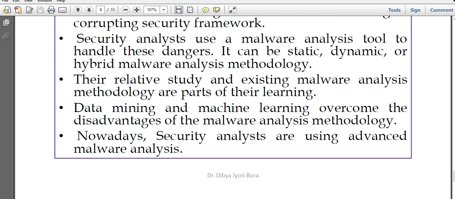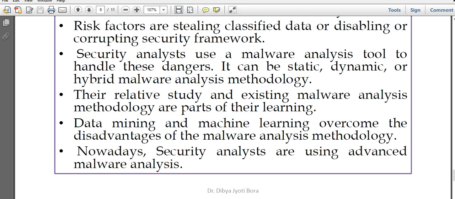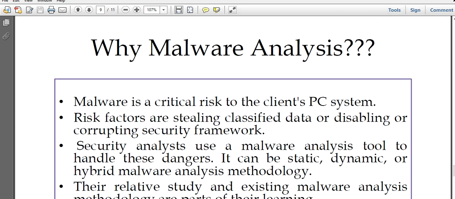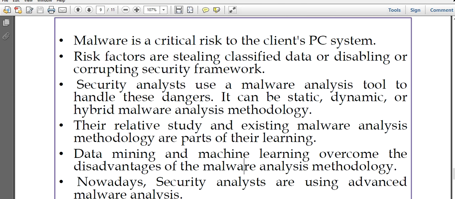These days, data mining and machine learning overcome the disadvantages of malware analysis methodology. Believe me, machine learning is a very important part of current research and applications. You all should learn it. My lecture on machine learning is going on with practical implementation in Python. Go and attend it. Nowadays security analysts are using this type of advanced machine learning based malware analysis. So this is the reason we need malware analysis.